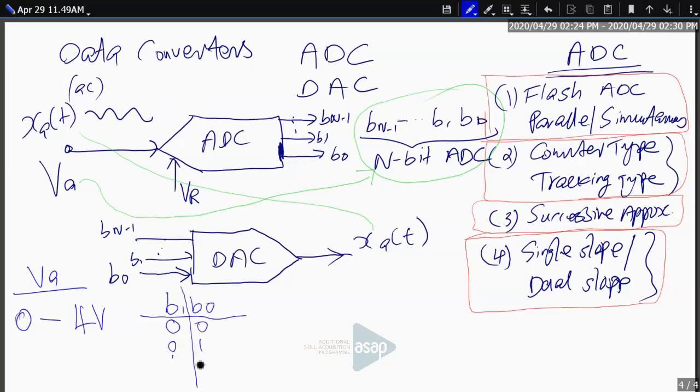So basically, we have these approaches. Flash ADC is one thing possible. Counter type, basically, counting type of ADC is possible. And a separately put successive approximation kind of ADC is possible. And the last one is a single or dual slope ADC. So these are the four major approaches in converting analog data into digital data.